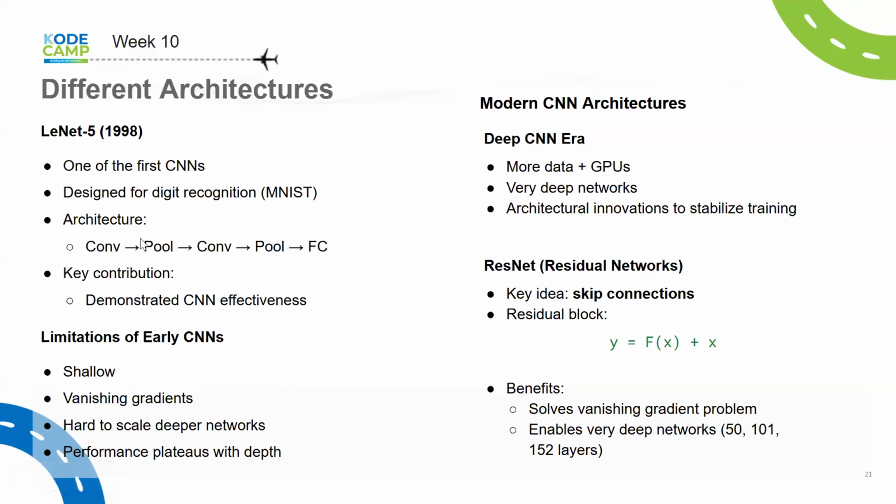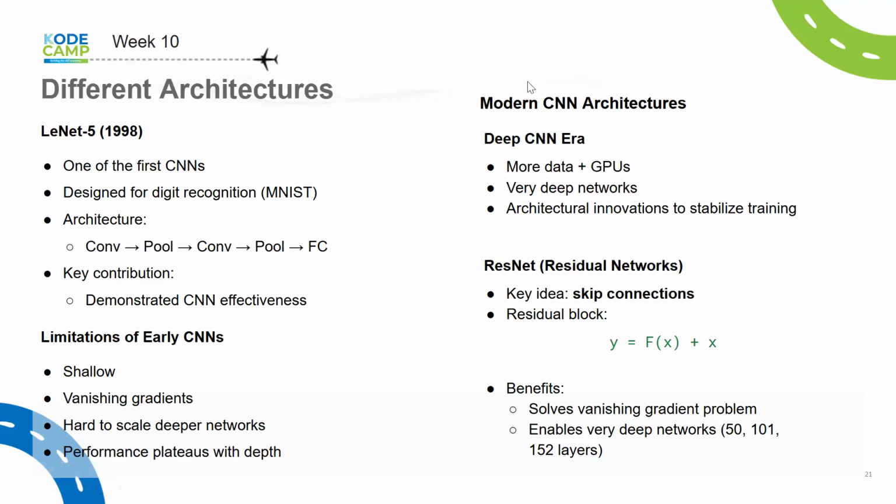You can see that LeNet had just two convolutional layers, because a pooling layer is normally considered as a layer too, but you could also count it as four layers. And then, of course, a pooling layer in between, and then the fully connected. So those were the limitations, and the performance began to plateau with depth.